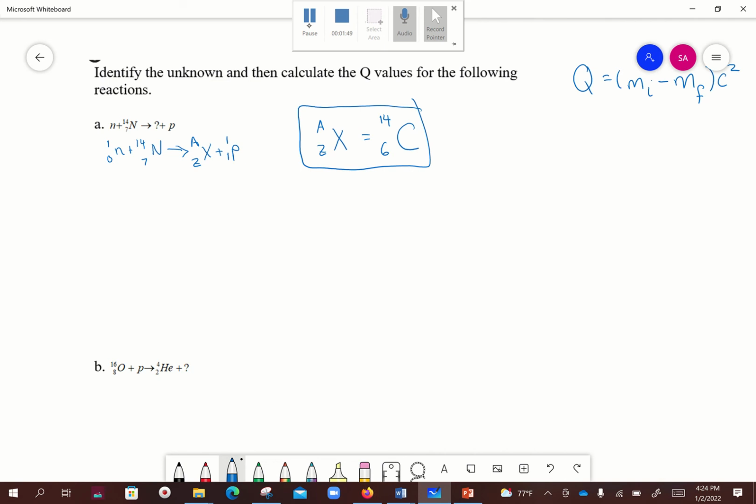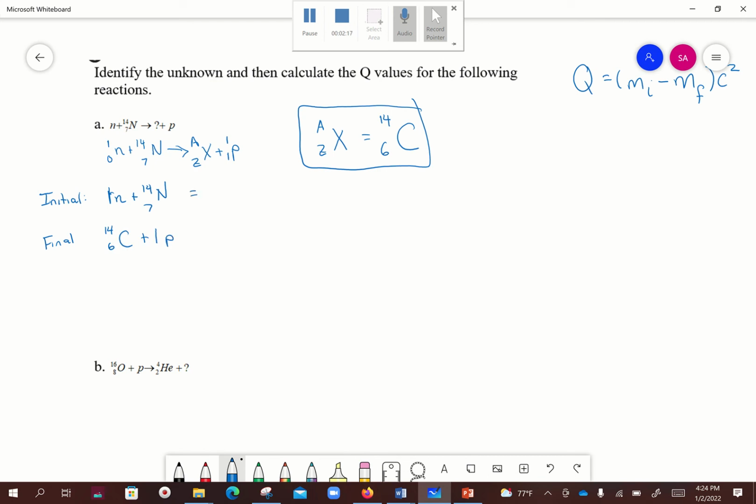So I need to find my initial mass and my final mass. So initially, I have 1 neutron plus I have a nitrogen-14, and final, I have carbon-14 plus 1 proton.